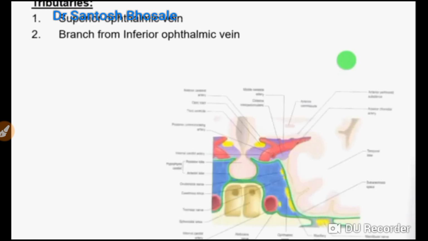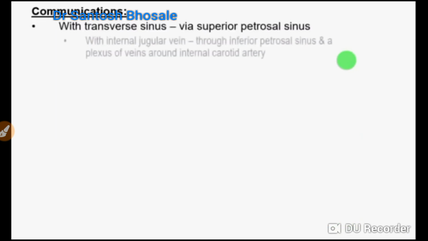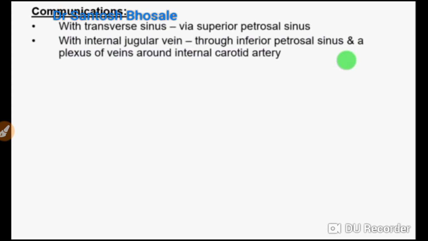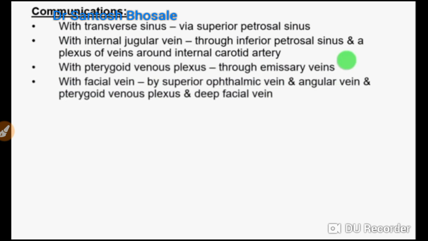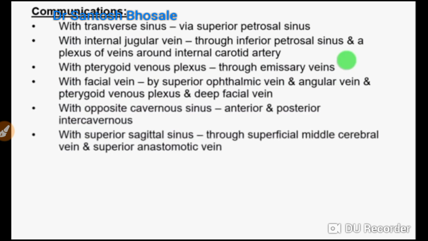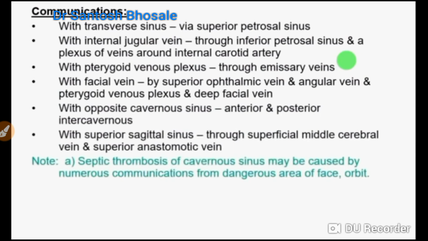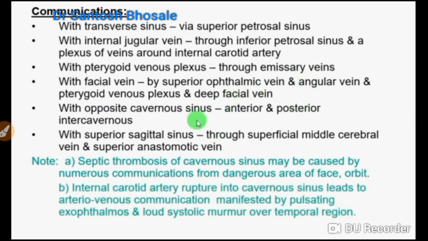Coming to the tributaries, as we already discussed, these dural venous sinuses drain the orbit, ear, brain, and skull bones. And this cavernous sinus is communicating with the transverse sinus, internal jugular vein, pterygoid plexus, opposite cavernous sinus, facial vein and superior sagittal sinus.